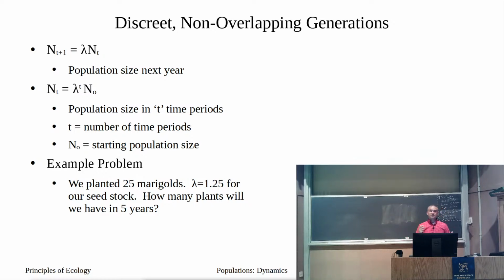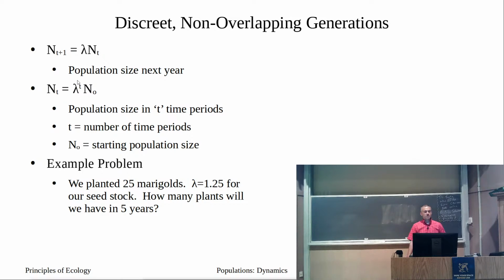But that's not really the main thrust of this equation. Usually we're interested in population size after so many generations. So after 10 years, what's our population size? Or after 20 years? For that, we have a slightly different equation: n sub t equals lambda to the t times n sub 0.